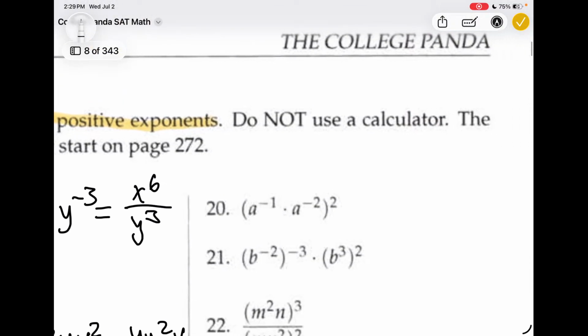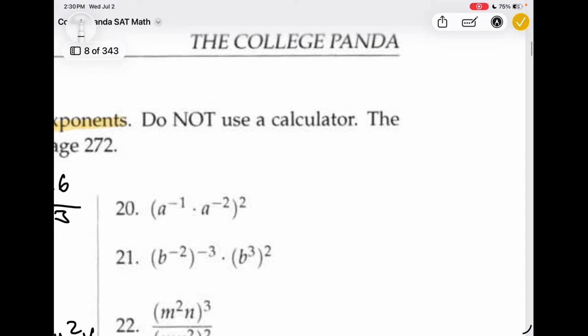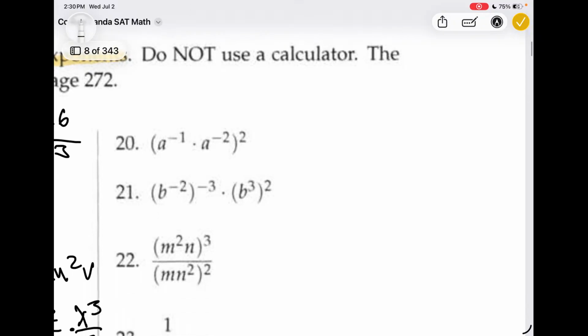Let's go back up here. A to the negative 1 times a to the negative 2, that's equal to a to the negative 2 times a to the negative 4. Then from this we get, since you add these, you get a to the negative 2.